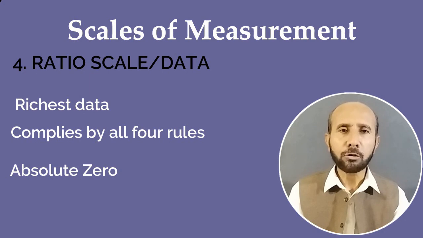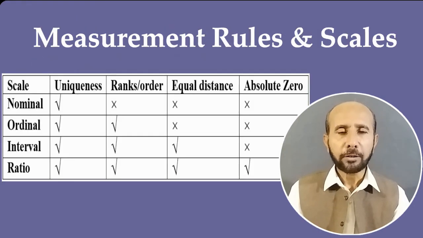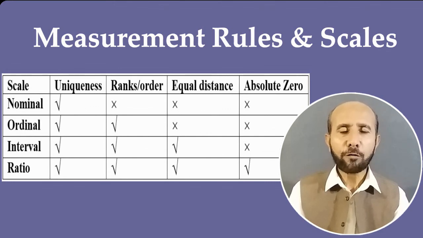Data about age, experience, number of dependents, number of times a party came into power. That is exact in nature. For example, 50 years means 50 years. So, ratio scale is the richest of all the 4 scales.